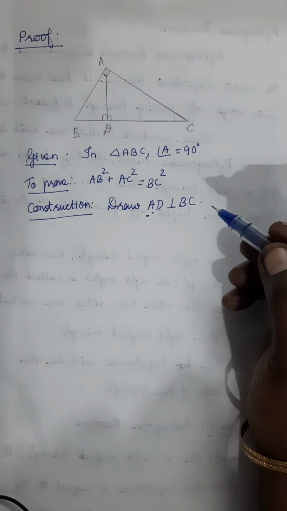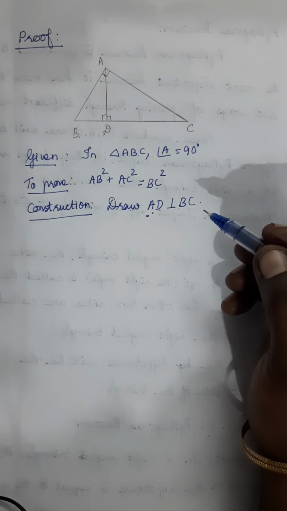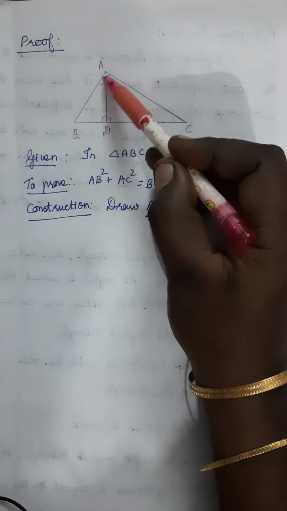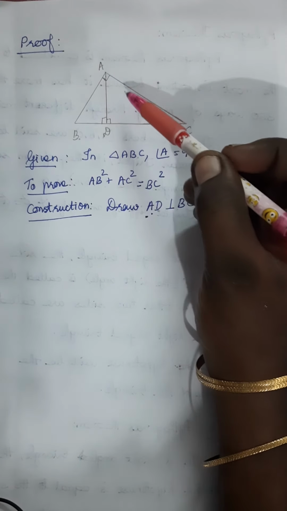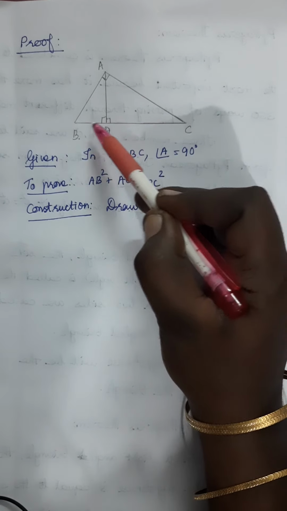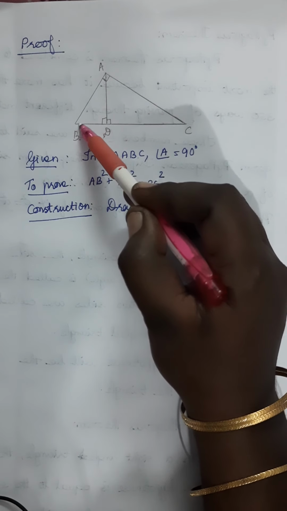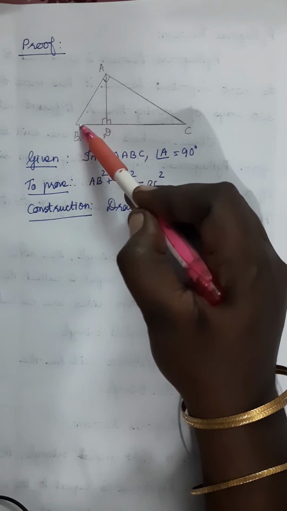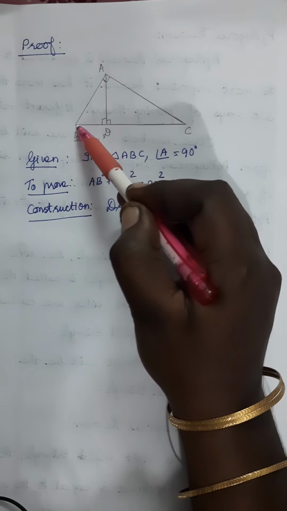Next, we can do the proof in the table format. Okay, first we will compare the triangle ABC, it is the first triangle, and the triangle DBA, this small triangle. Understood? First this big triangle and the small triangle. In both triangles, angle B is common. Am I correct? In the big triangle ABC, angle B is there.